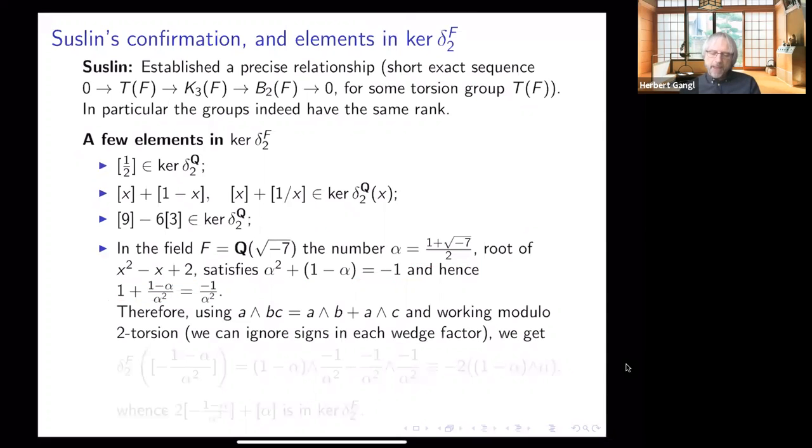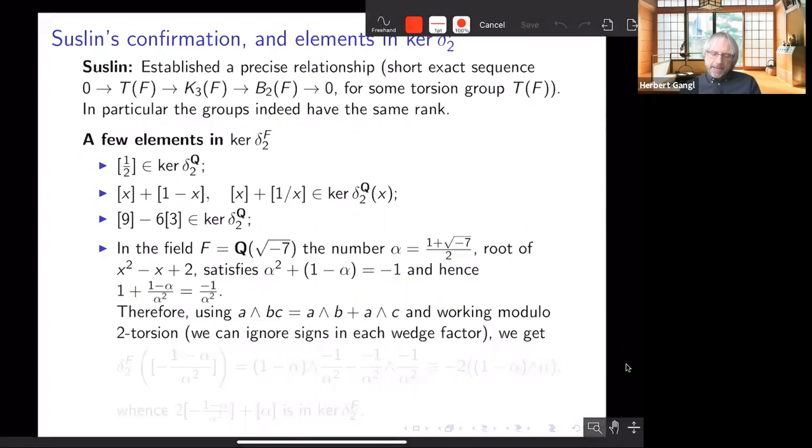And if we now use, as before, the expansion, if we have a wedge BC, then we can write it as the sum of a wedge B and a wedge C. We can treat each tensor factor as if it were a logarithm, pull it apart with an addition. And if we work modulo 2 torsion, that only amounts to ignoring signs in individual wedge factors.